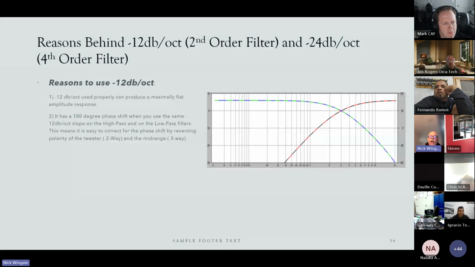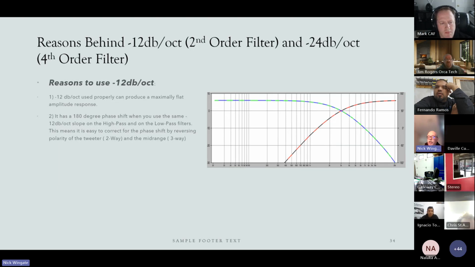Now, to get that flat response, you're going to have to shift one of the speakers 180 degrees out of phase. If you look on the Moscone GUI, you can see the phase section of it. All you want to do is invert phase on the tweeter to the mid-range, and you'll be just fine.